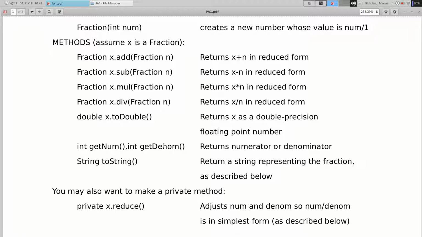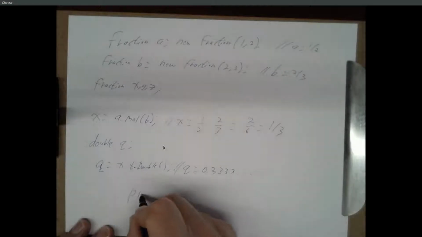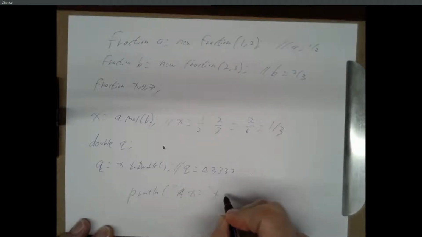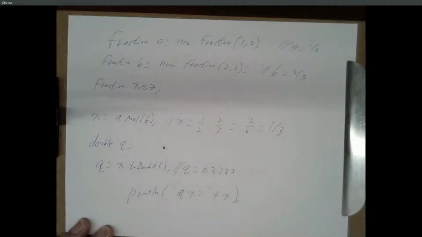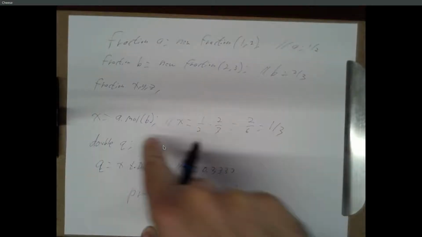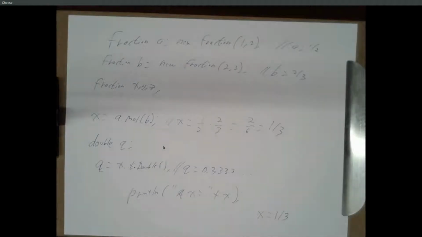So number slash number. Which means if I were to say print x equals, and then concatenate x to it, this should print out x equals, and then it'll call the toString method on x, which is a fraction equal to 1/3, and that should return the string 1/3.